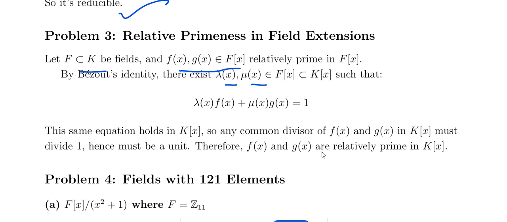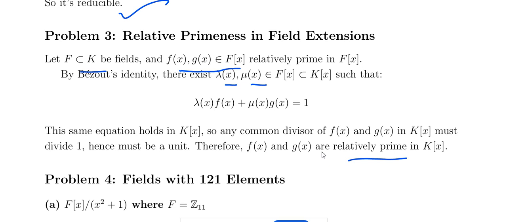So the same equation is true in K of x. The common divisor of f of x and g of x in K of x must divide 1, so it must be a unit. Therefore f of x and g of x are relatively prime in K of x. So this is the relative primeness in the field extension.